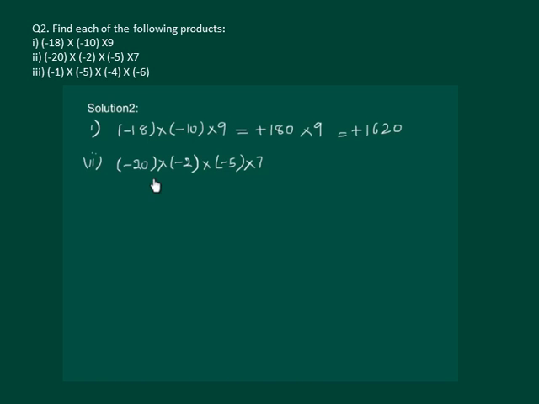See the second part of the question. We can see that it would be easier to multiply if we multiply 2 with 5 and then perform the rest of the multiplication. So let us proceed. Minus 2 into minus 5 will give us plus 10.